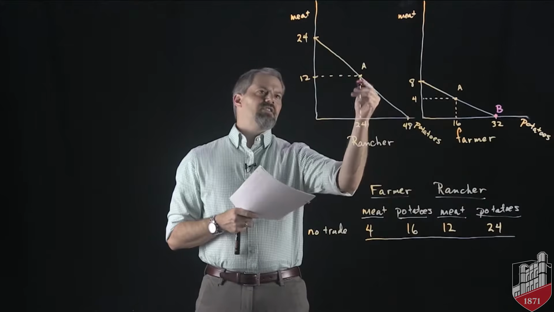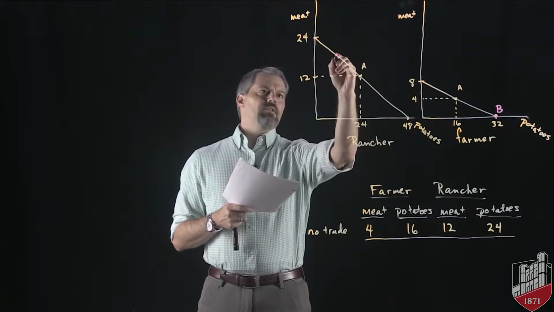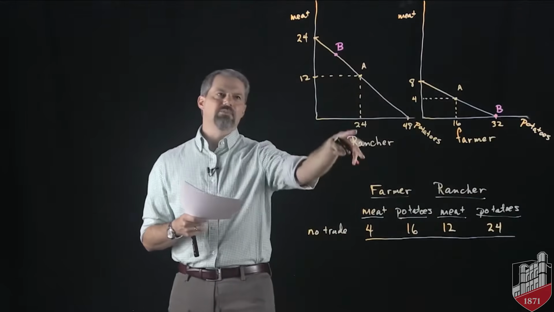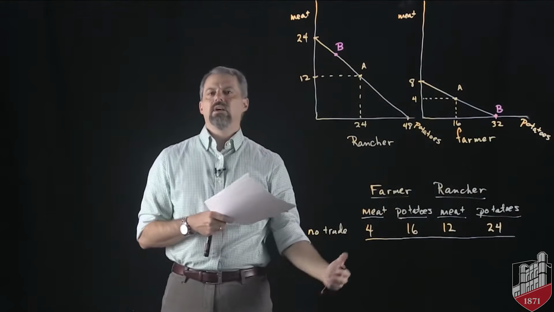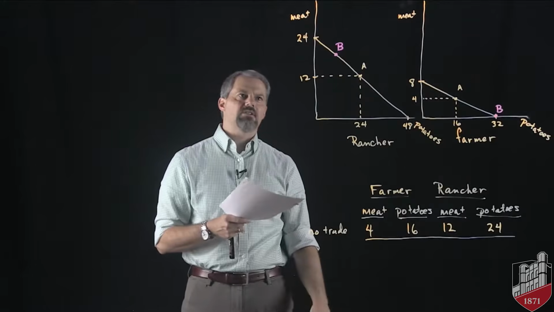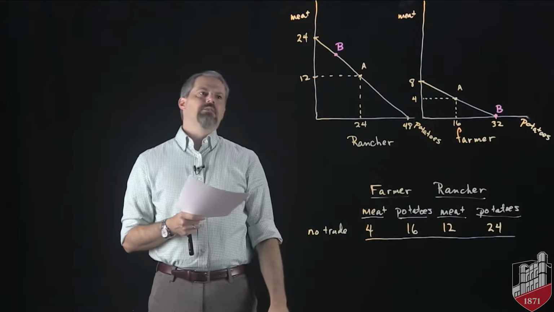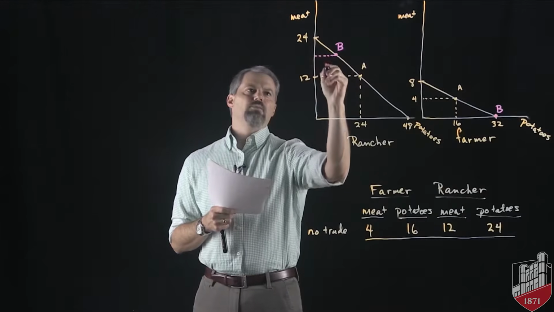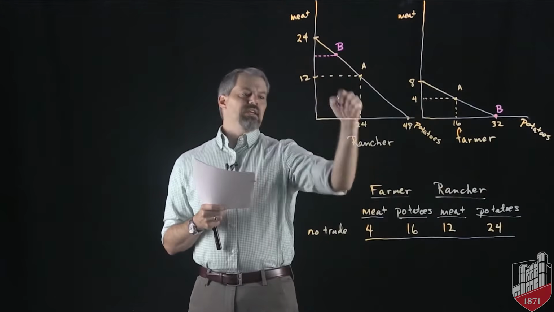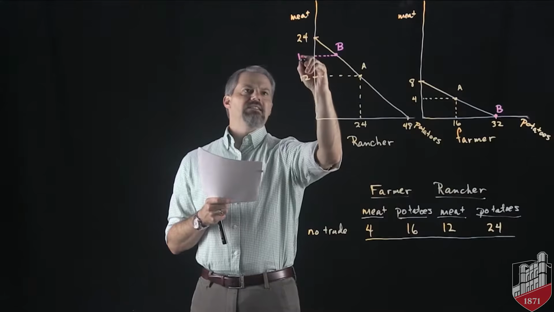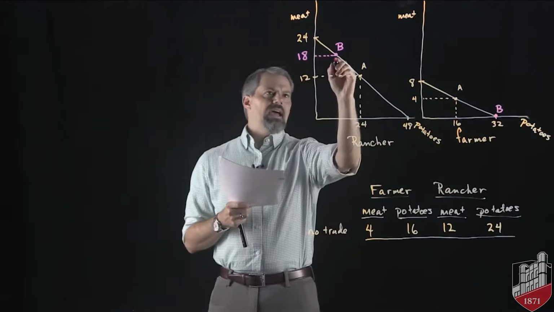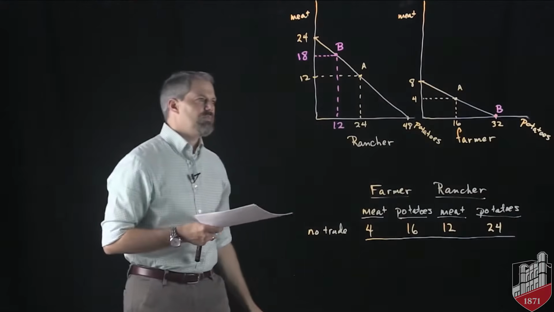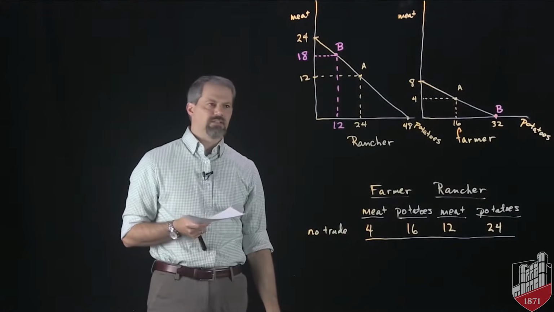The rancher is going to move to this point, point B. The rancher's not going to specialize completely in meat, but they're going to move in that direction. So if the rancher moves to point B, let's suppose point B is a point where the rancher produces, say, 18 ounces of meat and 12 ounces of potatoes. So those are our new production points.